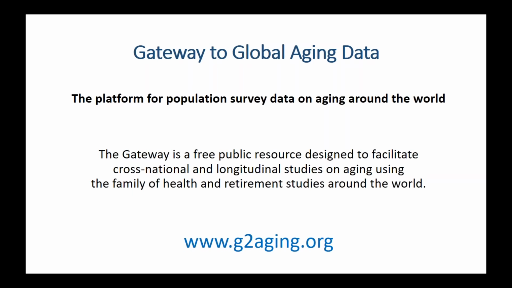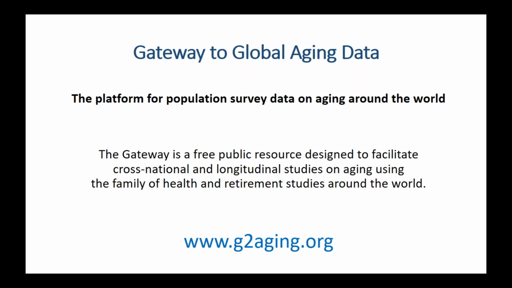So the Gateway to Global Aging Data is a web-based platform for population survey data on aging around the world. It's a free and public resource. It's publicly funded by the NIA in the United States, and it's designed to facilitate cross-national and longitudinal studies on aging using the family of health and retirement studies around the world.